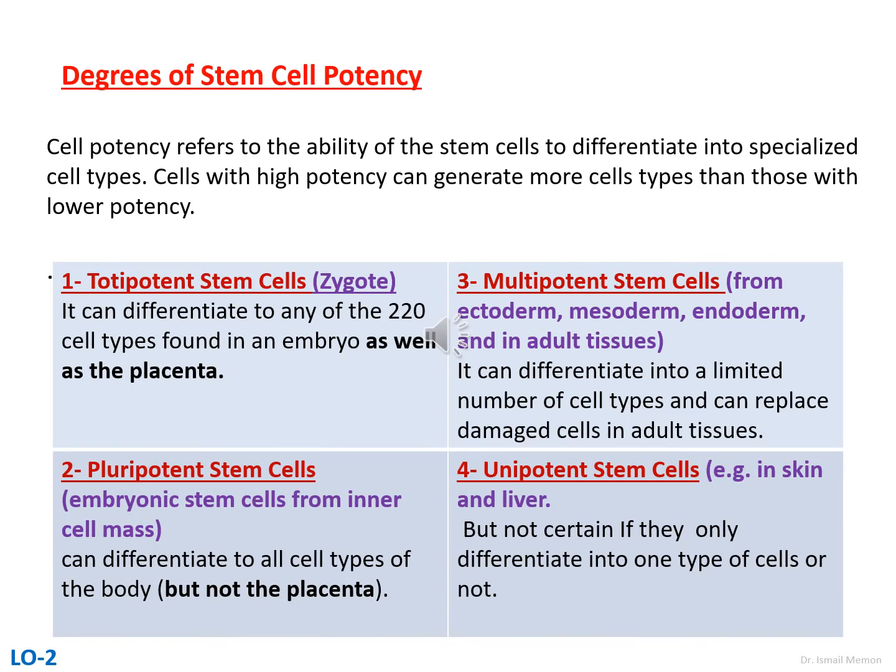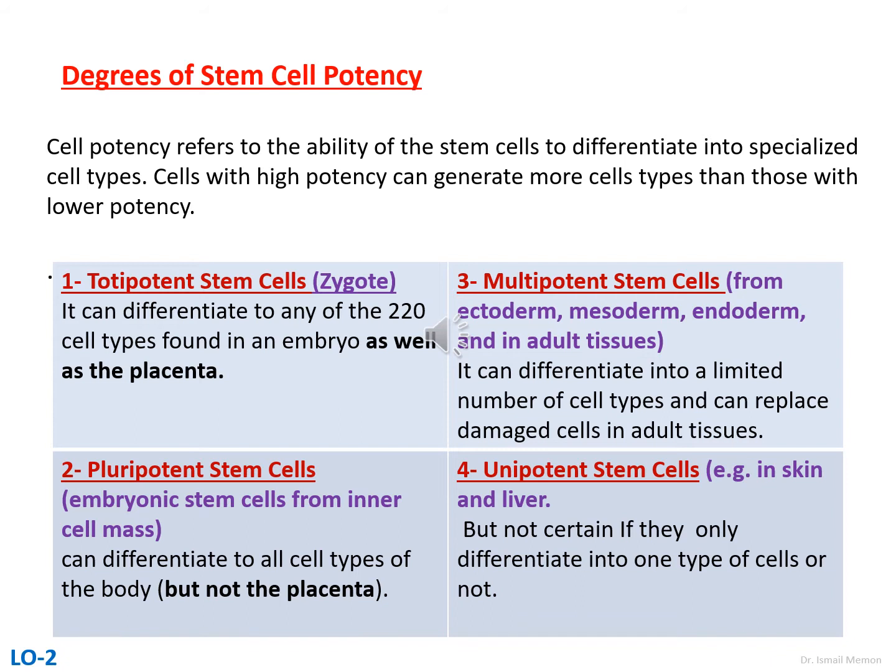Depending on their potency, that is how they are able to differentiate into specialized cell types. They have been classified into various types. Totipotent stem cells, which is the zygote itself, can differentiate into 220 different cell types found in an embryo, as well as being capable of forming the placenta.